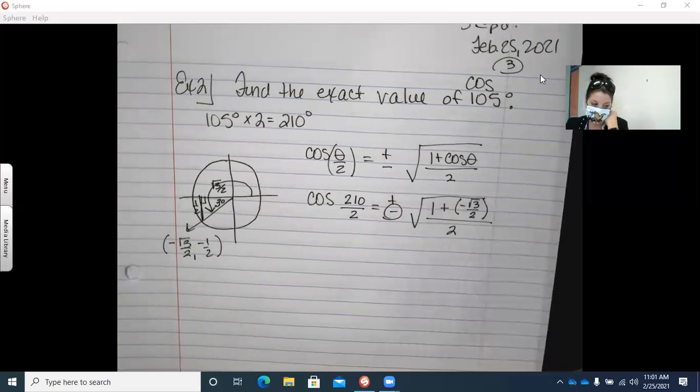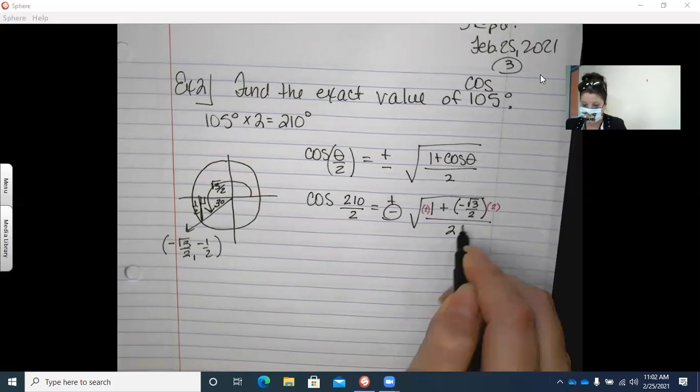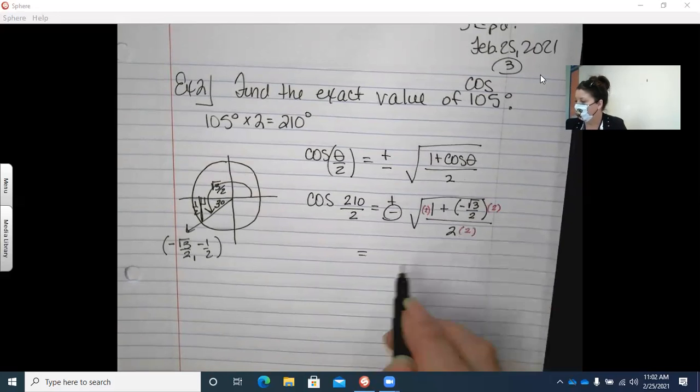I don't know why I picked 2 cosines instead of doing a sine and a cosine, but same thing. The formula just has a minus sign here instead of a plus, but you do the same thing. So let's get rid of that complex fraction by multiplying everything by 2. So we get negative square root of 1 times 2 is 2. I know positive times a negative, I'm going to get a negative there.